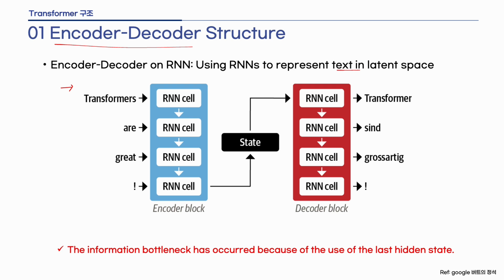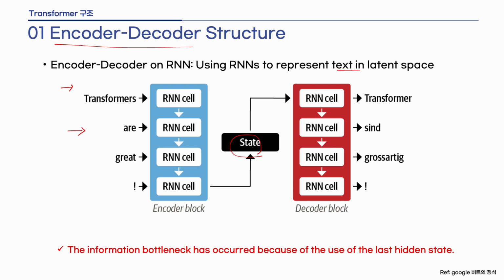But for the encoder part, it is using RNN cells, not an ANN or feedforward neural network. In this case, the information bottleneck occurs because of the use of the last hidden state.